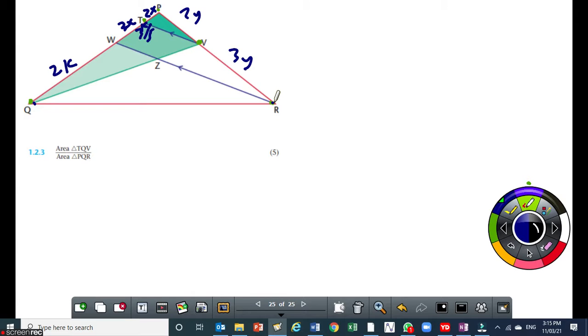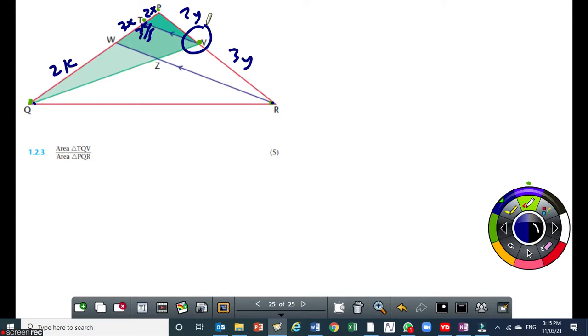Yes. PQV and TQV, they share a common height because they have a common vertex here. Therefore, they share a common what? A common height. Once we identify that third triangle, does it also share a common height with PQR? Yes. Then we are done with the question.